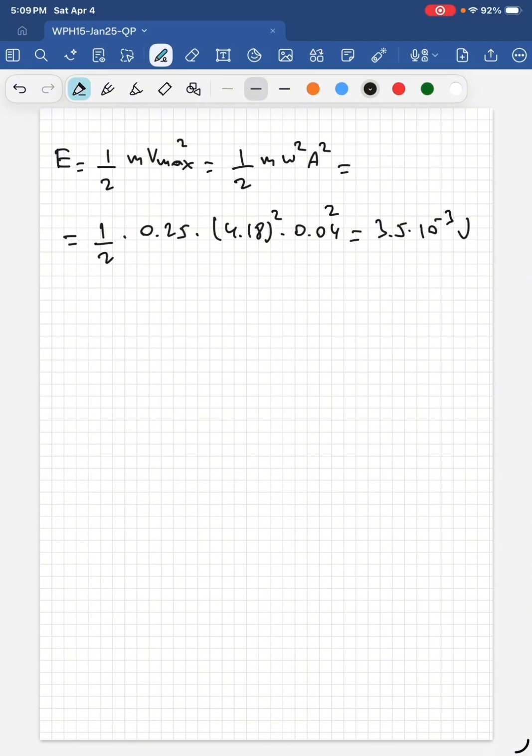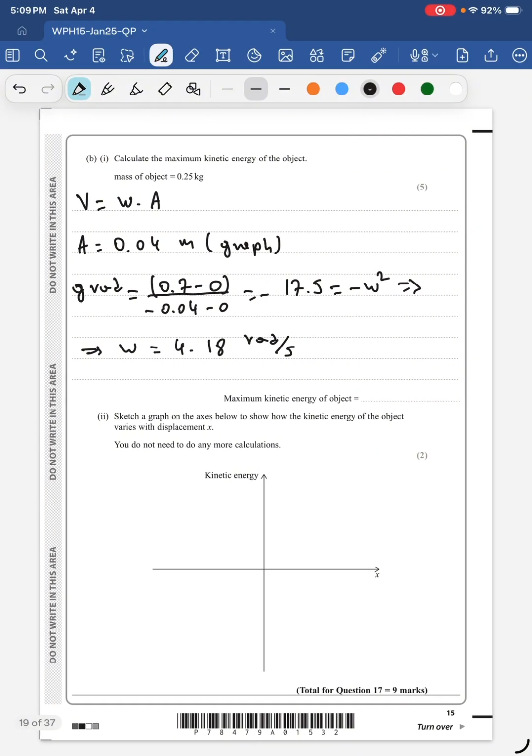And actually, this is the maximum potential energy as well, because these two interchange in simple harmonic motion. Okay, but they don't ask about that, so we don't care.